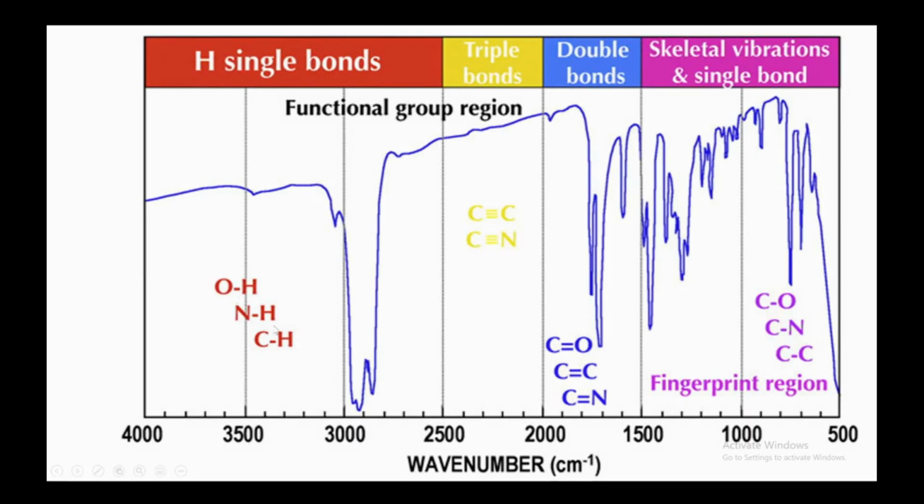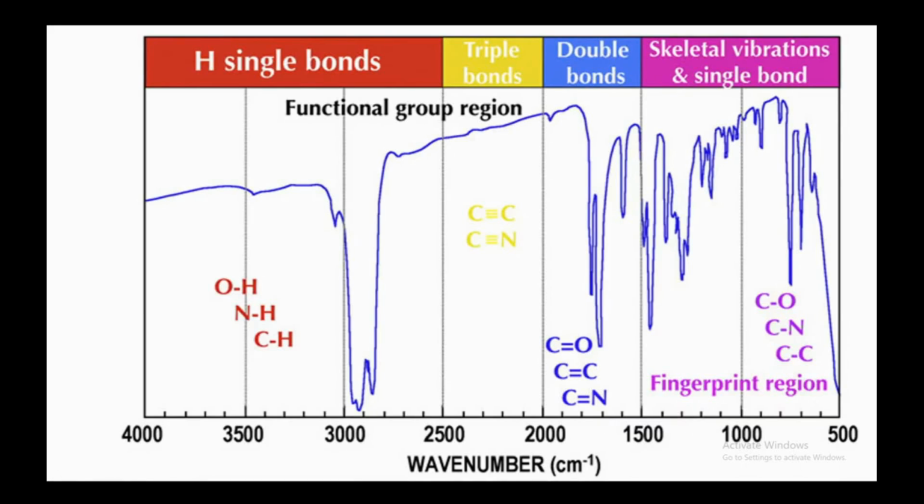So the OH, NH, CH appear in this region, and triple bonds between carbon and carbon or carbon and nitrogen appear in this region. Double bonds appear in this region where the blue lines are, and these purple lines showing the single bonds are skeletal vibrations. In the IR spectrum, the x-axis is the wave number in per centimeter and the y-axis is the absorbance or transmittance, 100% transmittance.